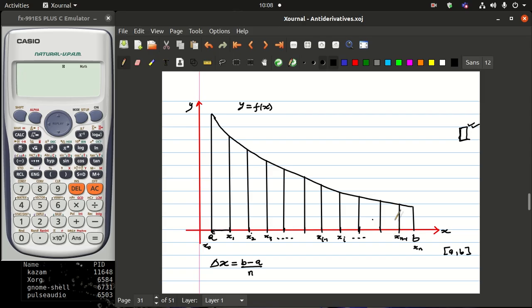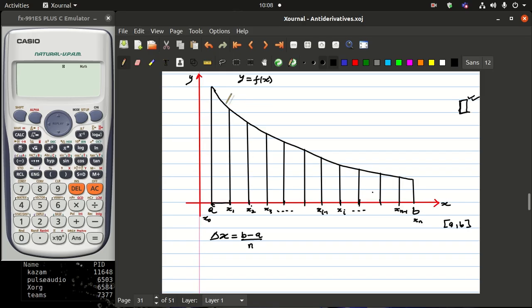Now, this is what I want us to realize. If you look at this shape here, only this part is S1. I'm going to call this S2, and maybe this one S3, and then go all the way. This is going to be our S_i, and then of course up until we have S_n, right?